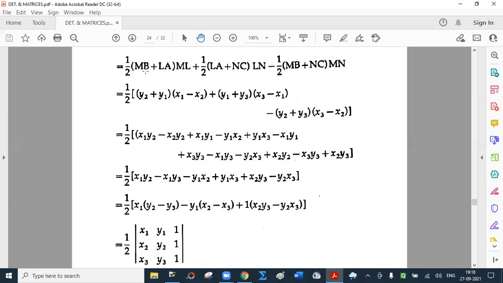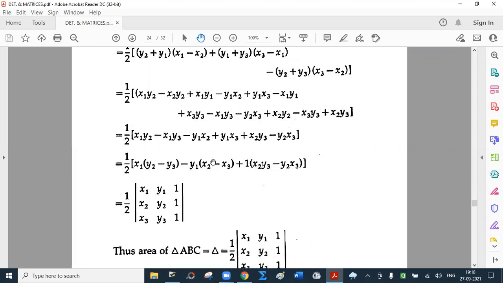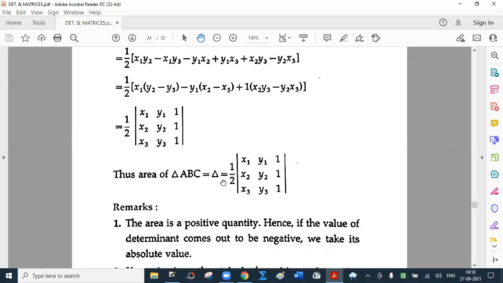In fact, this is MB plus LA into ML. Okay. So y2 plus y1 into x1 minus x2 and so on. You have to simplify this patiently. You will notice, open all the brackets. You will notice that this happens to be the expansion of this determinant. So what is the area of the triangle? It is half the determinant.